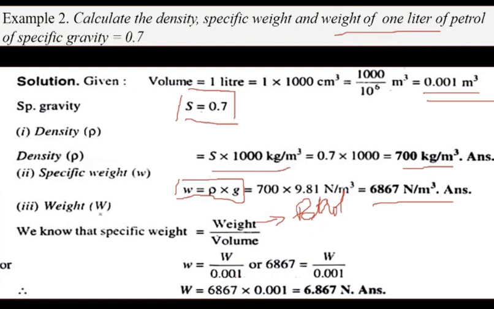So we got the specific weight as 6867, right? So if you use here, 6867 is equal to W by 0.001. When we cross multiply, we get the weight of 1 liter of petrol is 6.867 Newton.